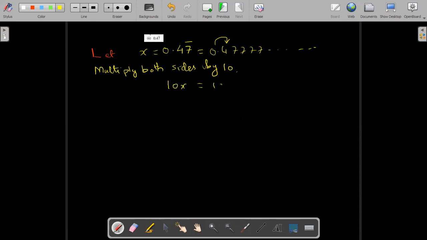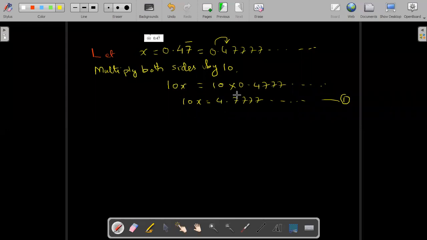So 10 multiplied by 0.4777... So we will get 10x is equal to 4.777..., this is our equation number 1, not this one, because after the decimal you have a number which is not repeated.